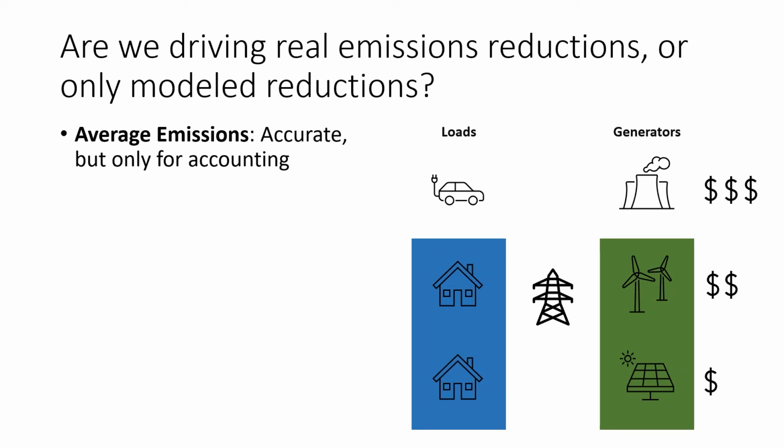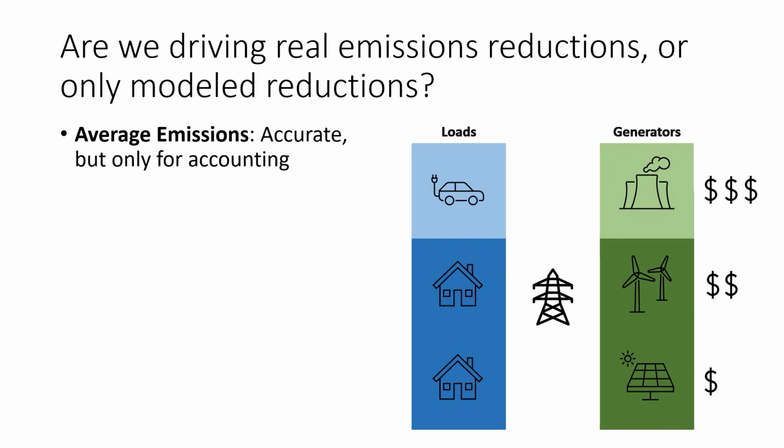And generally power plants are turned on in order from lowest cost to highest cost. So we can see here that the two cheapest sources are generating and the expensive coal plant at the top is not. However, if we plug in an electric vehicle, for example, the wind and solar are already generating at their max. So we have to turn on the next most expensive resource, which is that coal plant, to respond to that load.